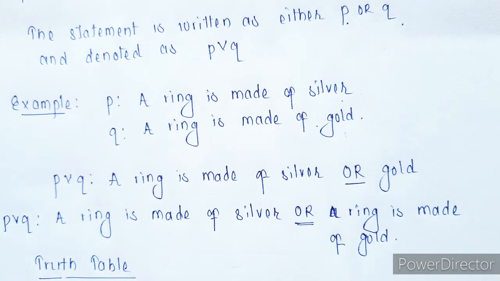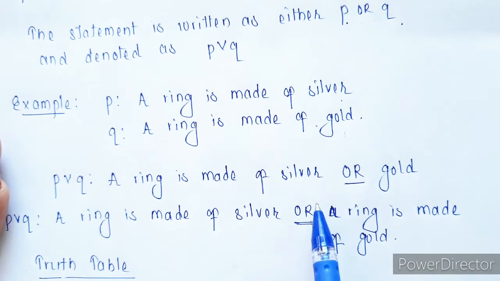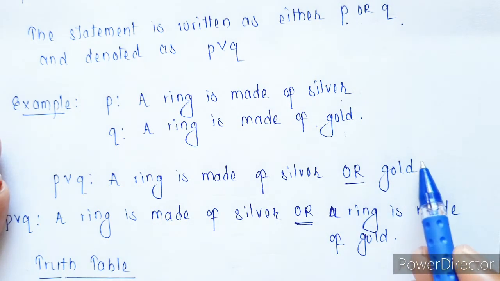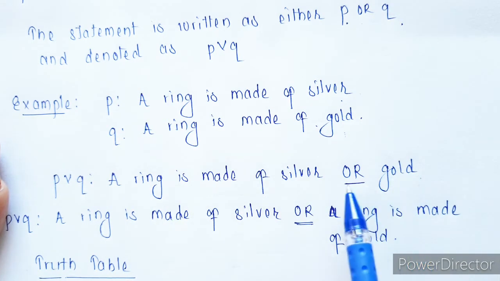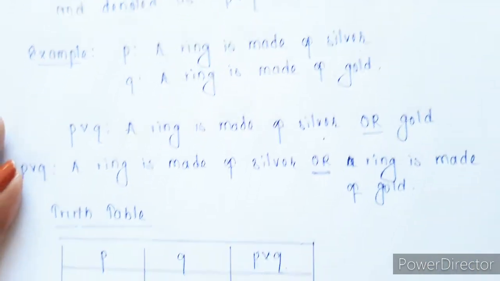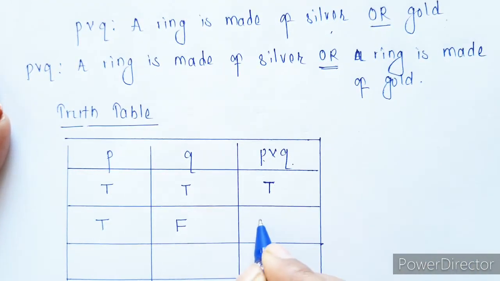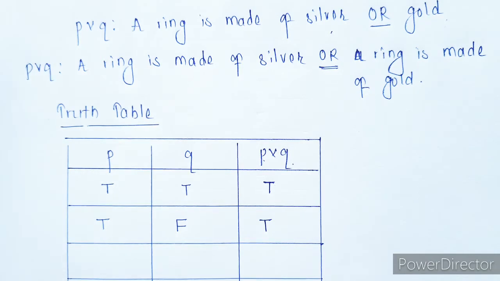So it is either this or that. So first is true, that silver is true, but gold is false. We don't have a ring which is made of gold. But what we are saying is a ring is made of silver or gold. Since it is or gold, either this or that, even this statement is true. Because it is either this or that.